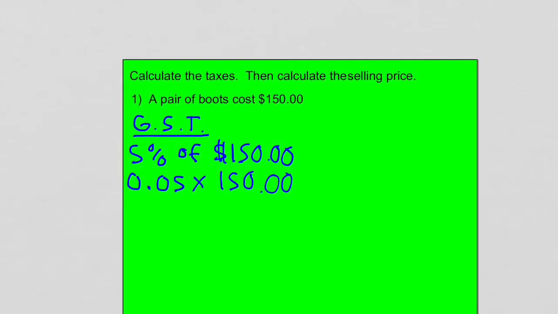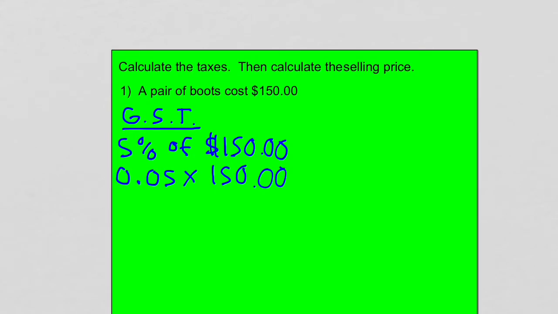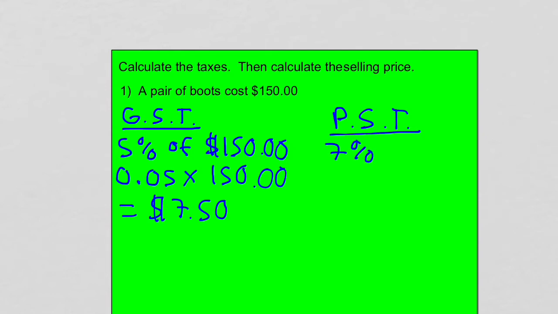And we actually know how to use our mental math skills to estimate this, right? 10% of 150 is 15. 5% is half of that. So that would be $7.50 that goes to the government of Canada. And then we calculate the PST, which is 7% of 150.